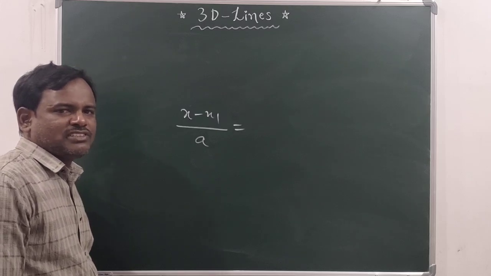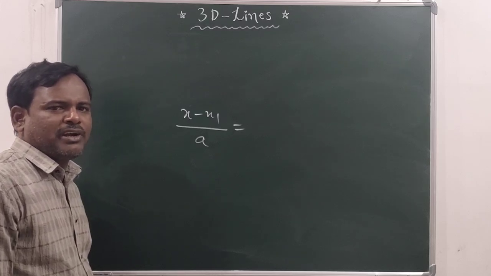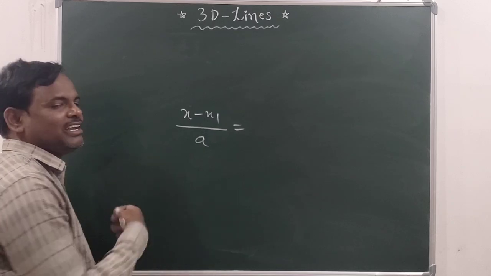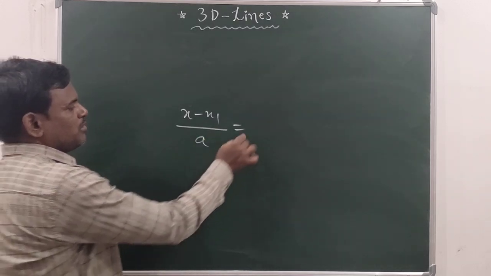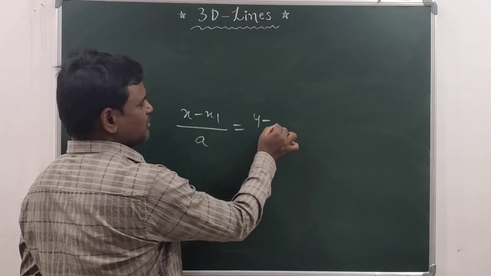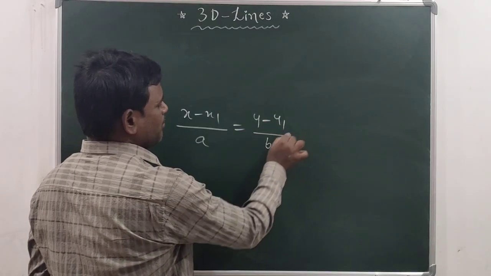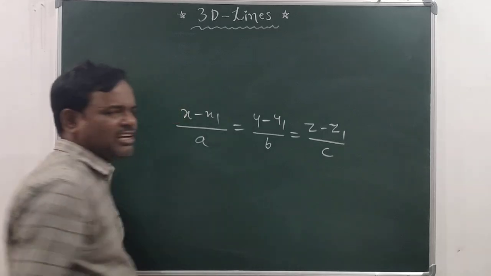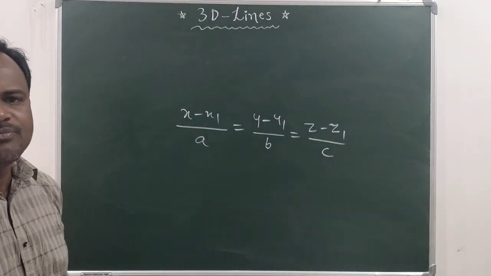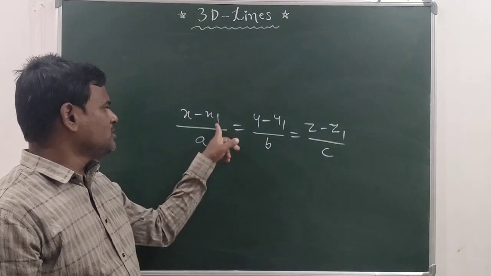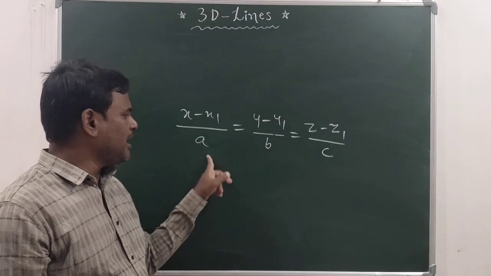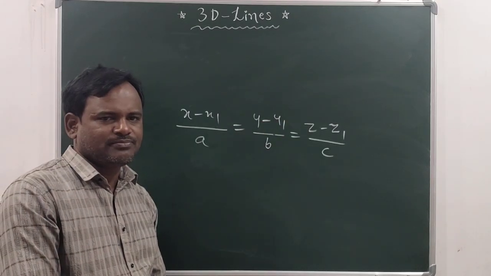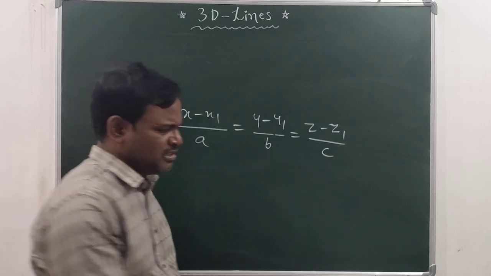Find the equation of a straight line passing through a point x1, y1, z1 and having DRs a, b, c. Then its equation is x minus x1 by a, y minus y1 by b, z minus z1 by c. This is the equation of a 3D line passing through x1, y1, z1 and having DRs a comma b comma c. Okay, students?